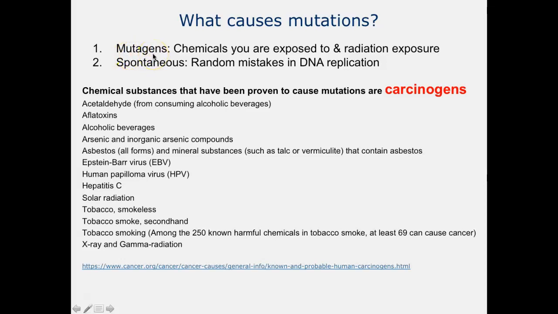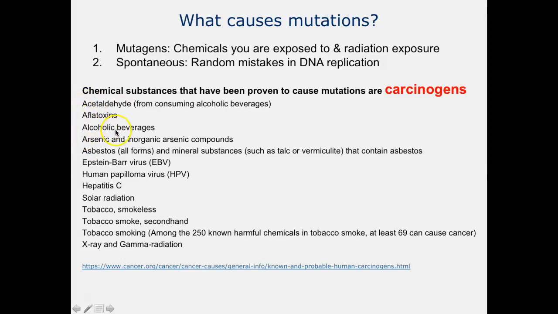Mutagens are actual either radiation or some kind of chemical that causes the DNA to have mistakes in it, that directly or indirectly cause mutations. So in the notes, I have listed for you some chemicals here.